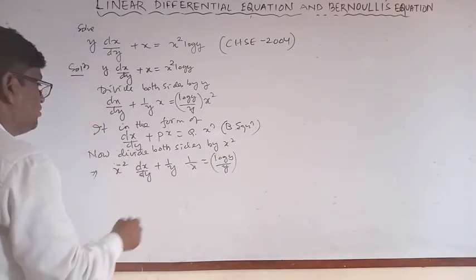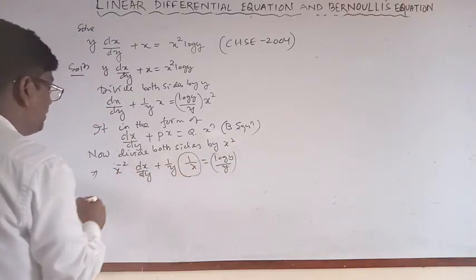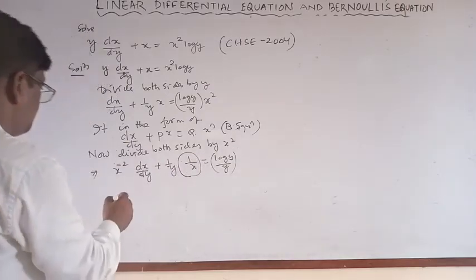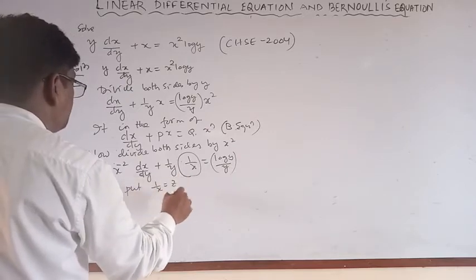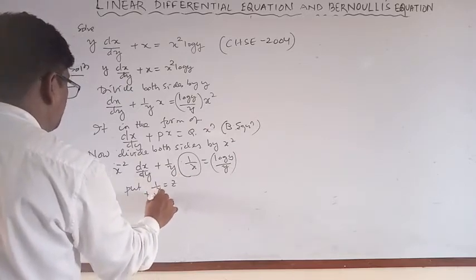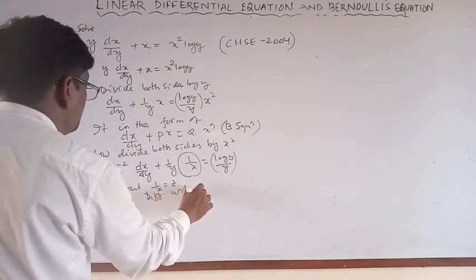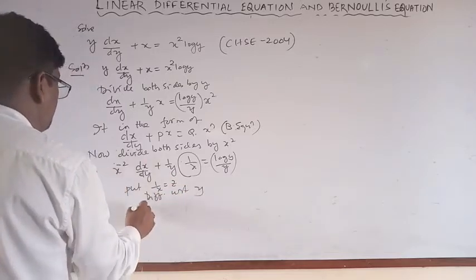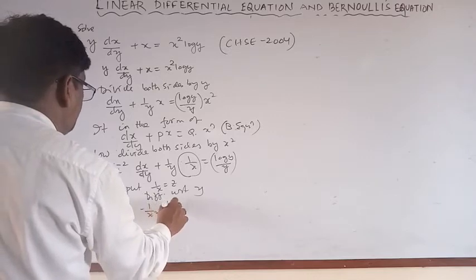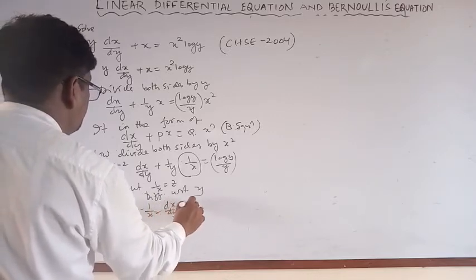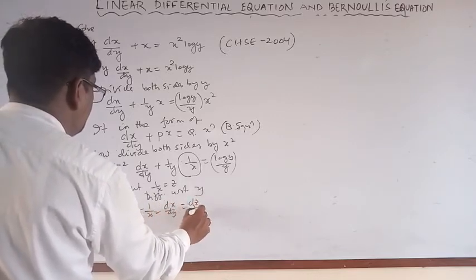Okay, now put 1/x = z and differentiate with respect to y. So -(1/x²) dx/dy = dz/dy.